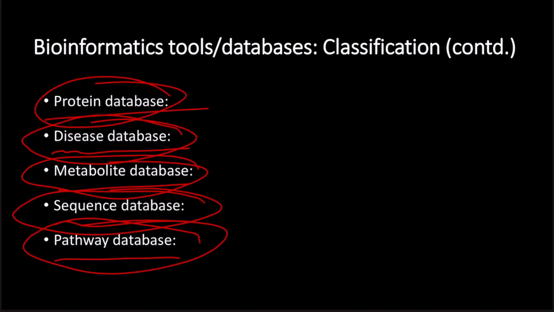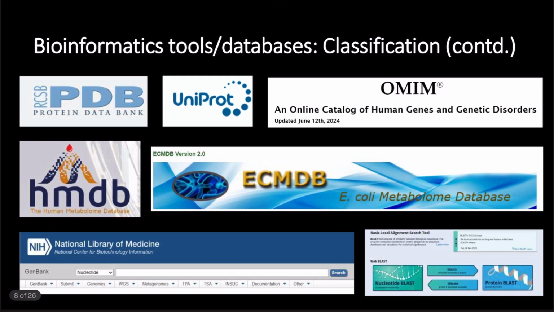Now coming to the examples of each of these types of databases. First is protein database. In protein database we have first PDB, that is Protein Data Bank. In this we can get the 3D structure model of particular proteins. And then we have UniProt. It is also a protein database in which we get the amino acid sequence and the protein sequence of a particular molecule.